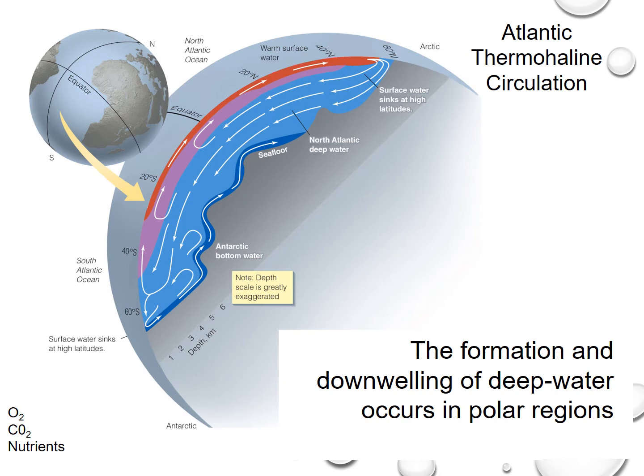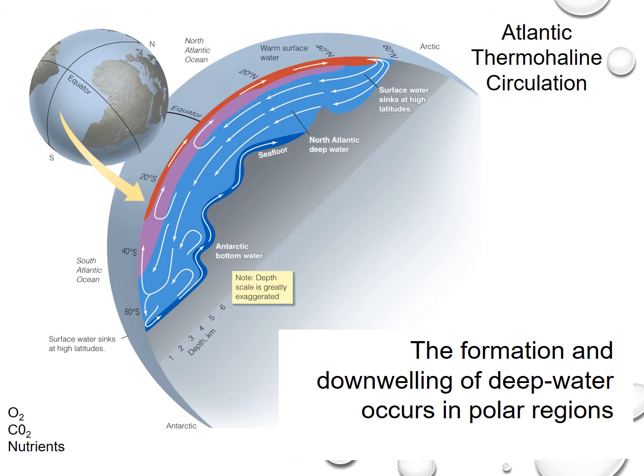So this diagram is from your textbook, and it shows a simplified view of the thermohaline circulation in the Atlantic. And so what you can see towards the top of the diagram is that the surface water in red becomes denser and it sinks to the bottom.